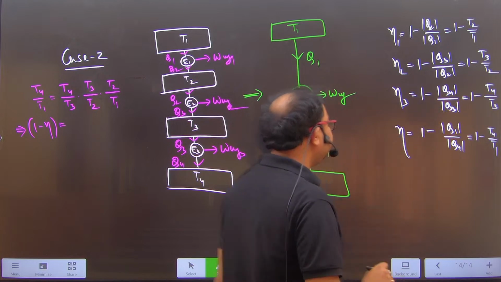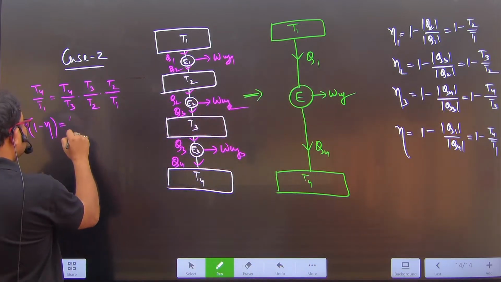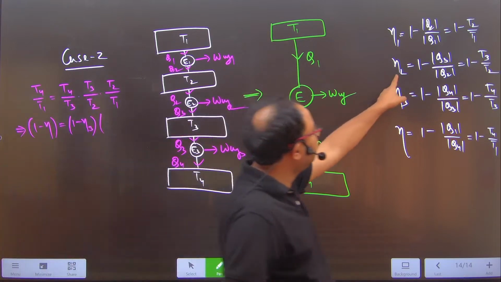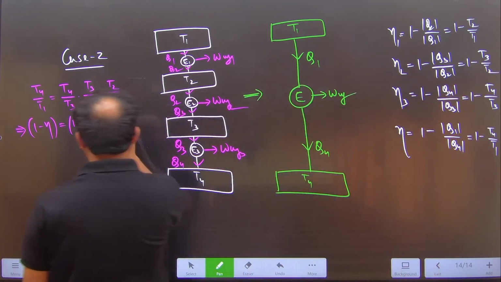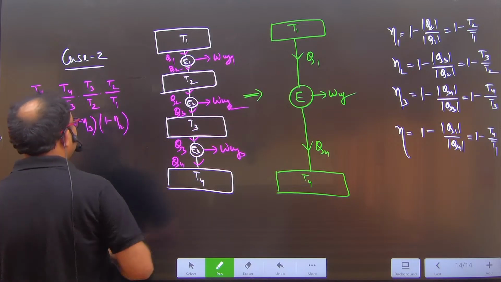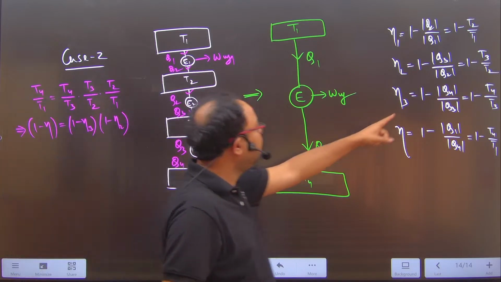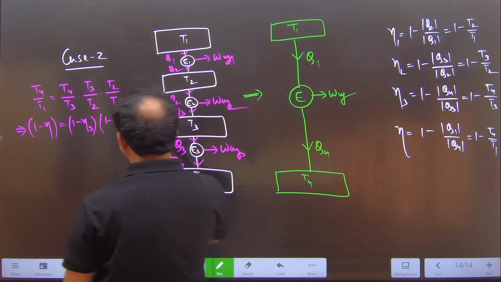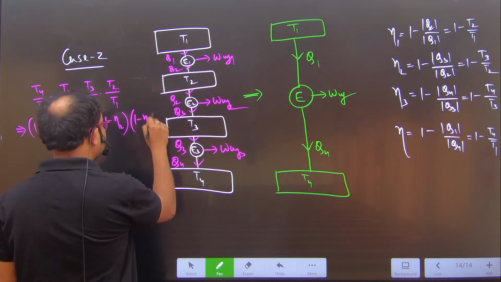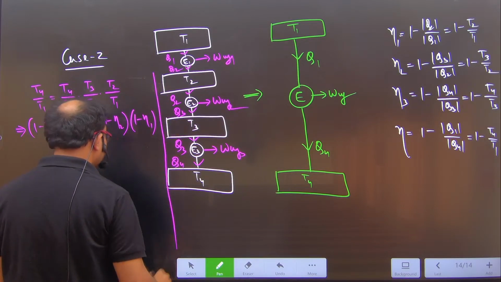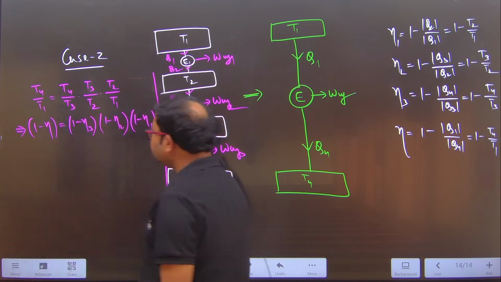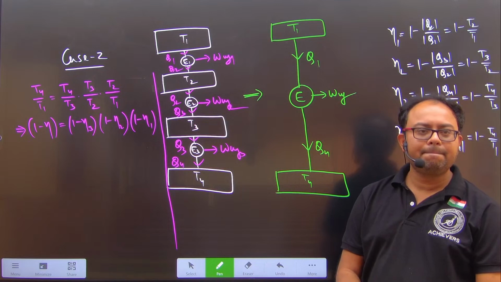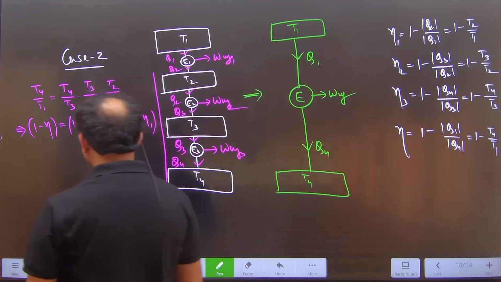It's 1 minus eta 3. What is the expression of T3 by T2? 1 minus eta 2. And what is the expression of T2 by T1? It's 1 minus eta 1. Okay. Now you have to simplify it.